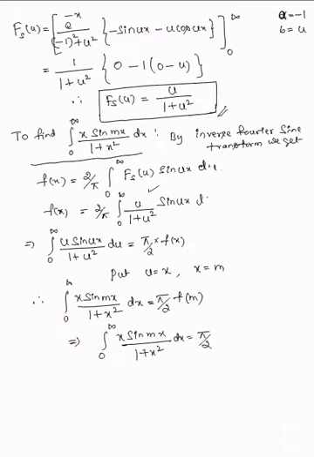So the value of this integral is pi by 2 into e power minus m, and this is the required value of the definite integral. This is how we can find the Fourier sine transformation and the value of a definite integral.